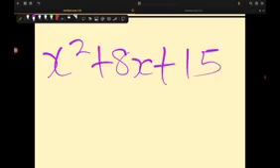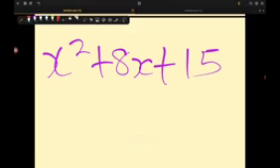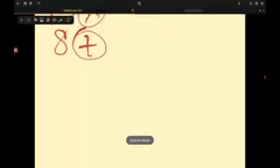So we are still doing the same thing. You bring down 15 and you bring down 8. You are looking at two numbers, pair factors, two numbers that you will multiply together that will give you 15, and two numbers that you add together that will give you 8.